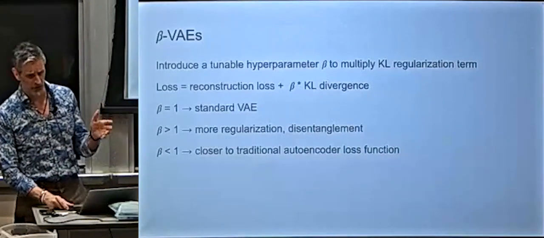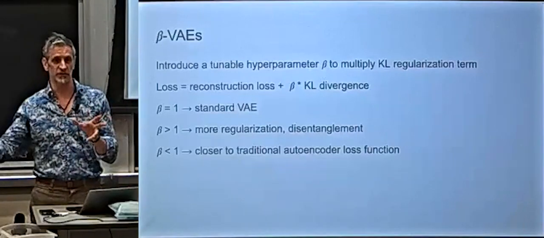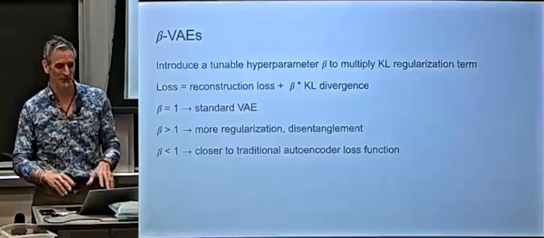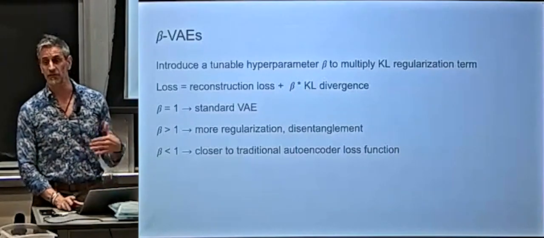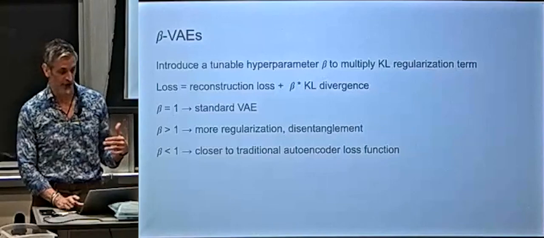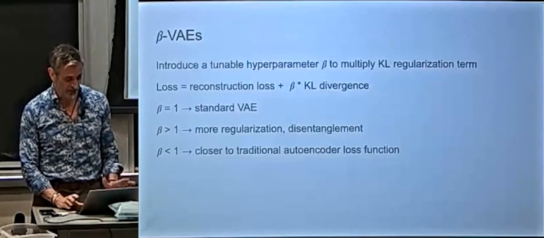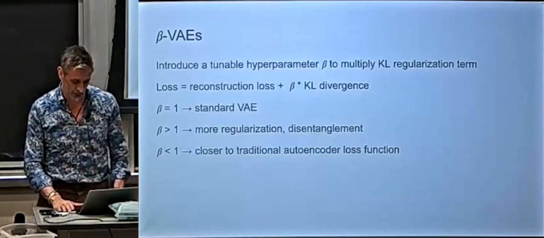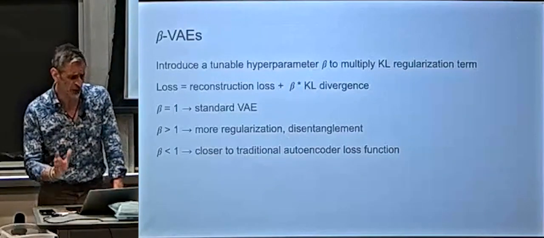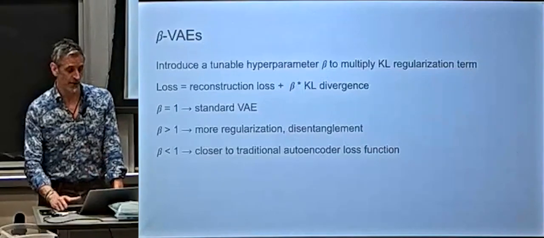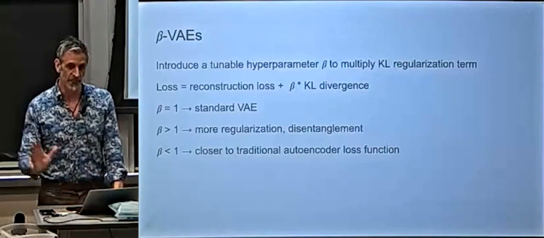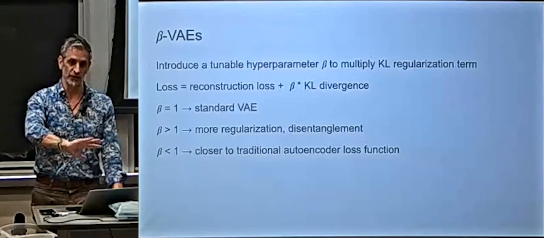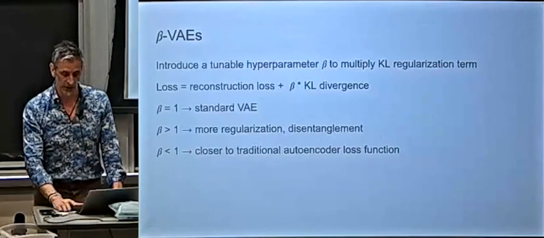Whereas in a regular autoencoder, one person's face morphs into a totally different person's face, and it's not really clear what the meaning of those different directions is. So that's been a technique to make the latent space have even more sensible properties. And of course, if we take beta and drive it down below 1, we're dialing the variational autoencoder down all the way to 0, where it essentially becomes a regular autoencoder.